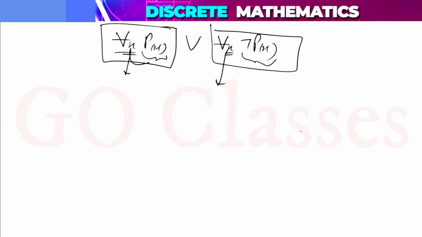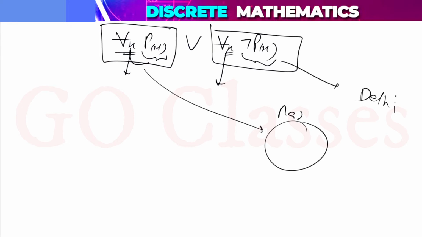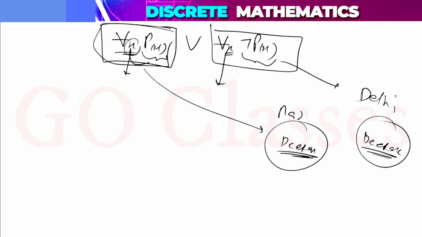It's like you have Rajasthan and Delhi, and in Rajasthan you have someone called Deepak, and in Delhi also you have someone called Deepak. Remember, this Deepak has nothing to do with this Deepak. So this is the scope of this x, and this is the scope of this x. That's why this x has nothing to do with this x.